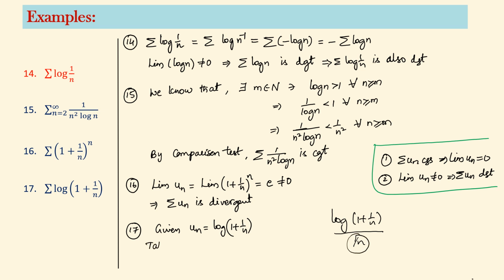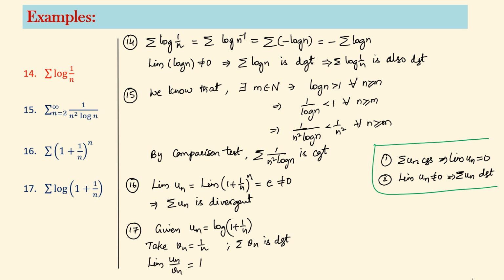So take Vn equal to 1 by n, and summation Vn is divergent by p series test. Now we are able to calculate the limit. So limit of Un by Vn, which is equal to limit of log 1 plus 1 by n by 1 by n.